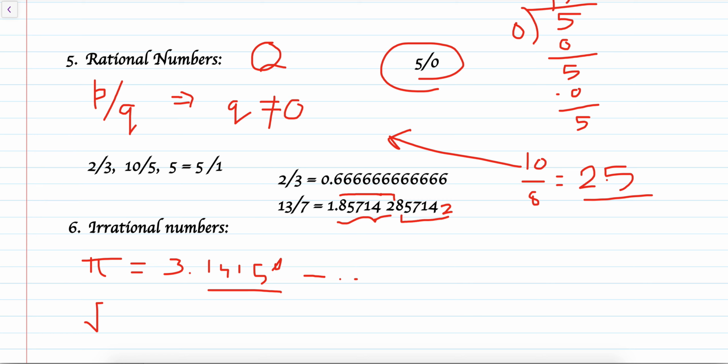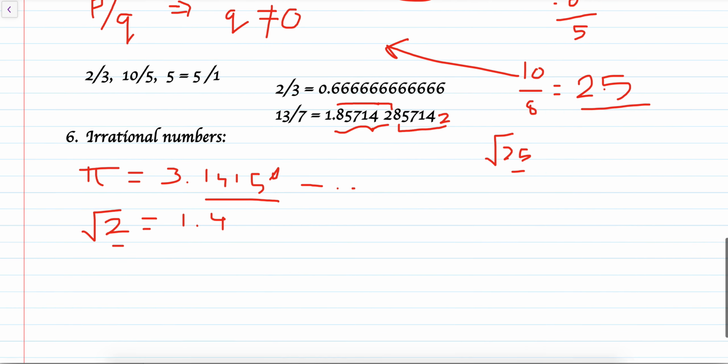Similarly, all the numbers like root 2, which are not perfect square roots. For example, root 25 we get a perfect answer. These are perfect squares, but for non-perfect square numbers, these values will never terminate, or we will not get any fixed repeating set of patterns. So these all come under irrational numbers.